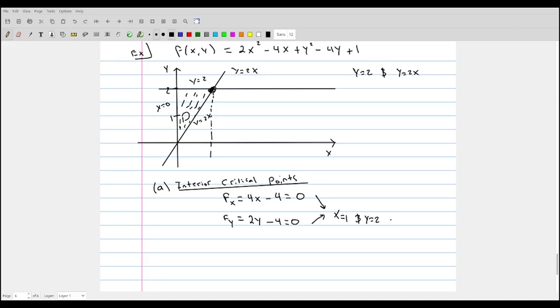And you'll notice that this actually corresponds to this point right here. This is the point x equals 1, y equals 2. So it's not actually interior to the domain, but it's still within the domain of consideration. So this is a potential max and min at the point 1, 2.